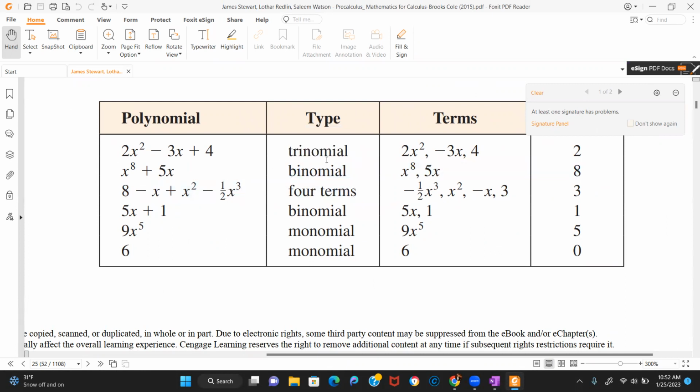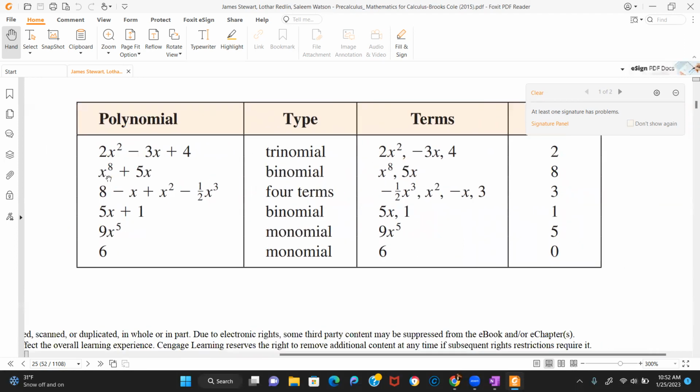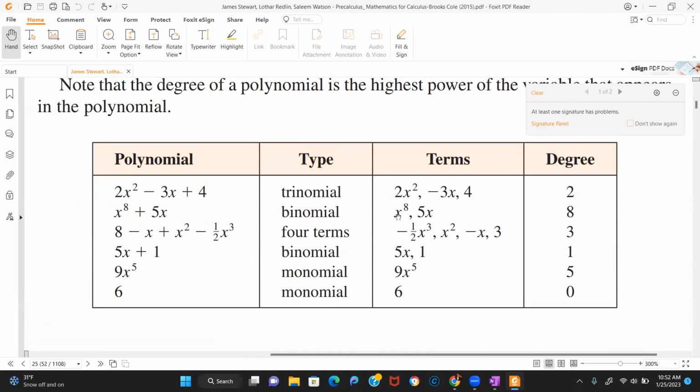These words just indicate how many terms are in the polynomial. So there's 3 terms in this polynomial, there's 2, and this one right here, 4.